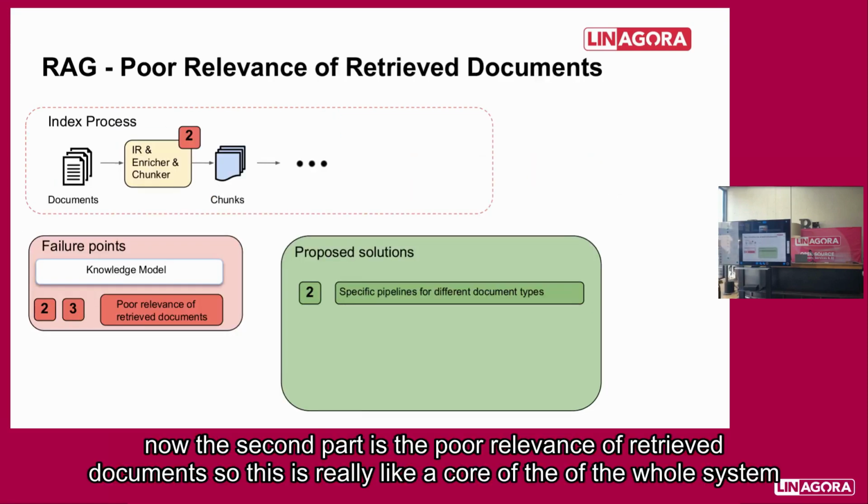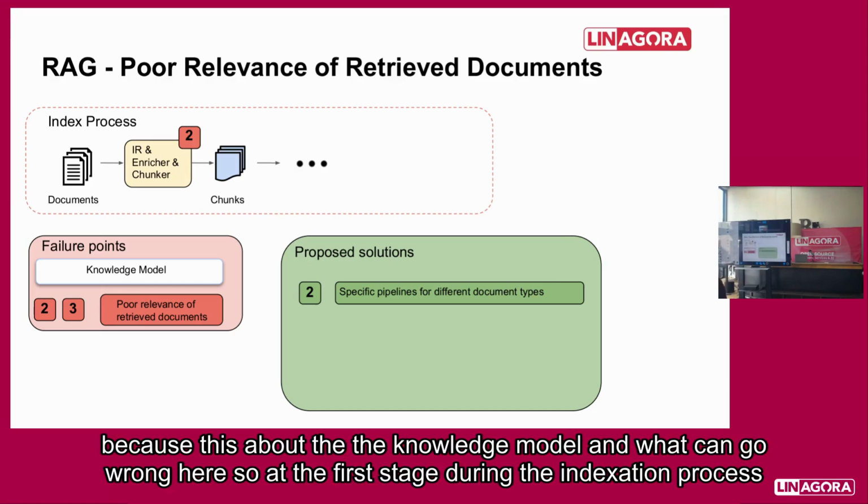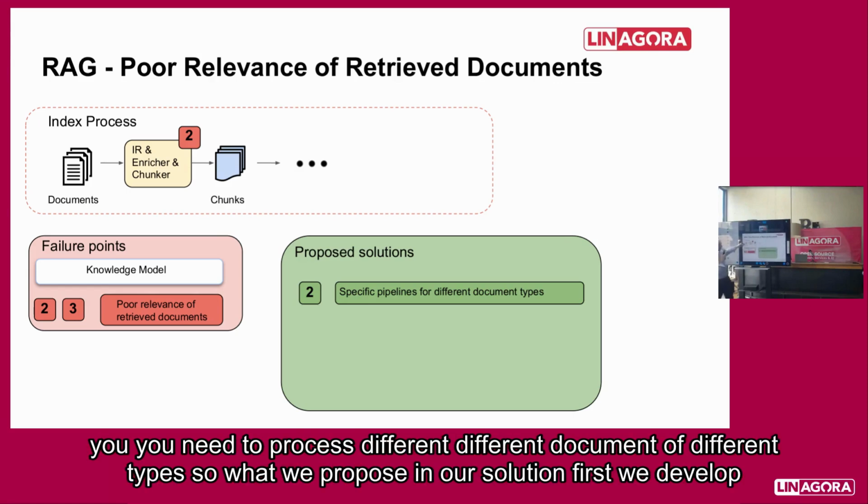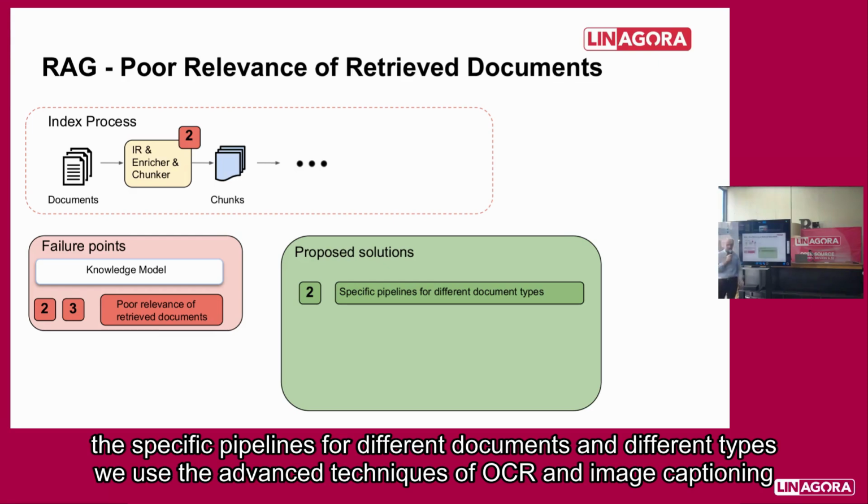Now, the second part is the poor relevance of retrieved documents. So this is really like a core of the whole system, because this is about the knowledge model. And what can go wrong here? At the first stage, during the indexation process, you need to process different documents of different types. So what we propose in our solution, first, we develop specific pipelines for different documents and different types.